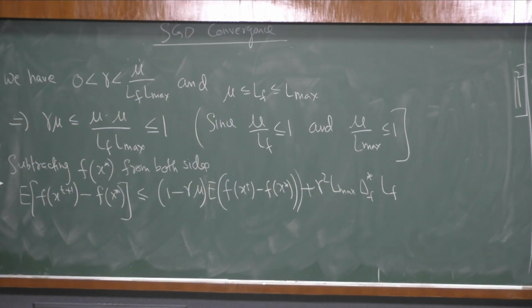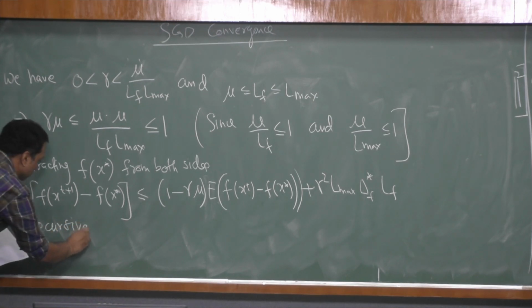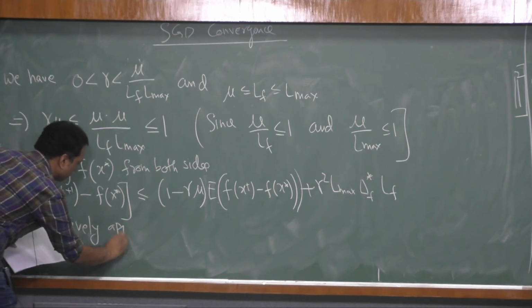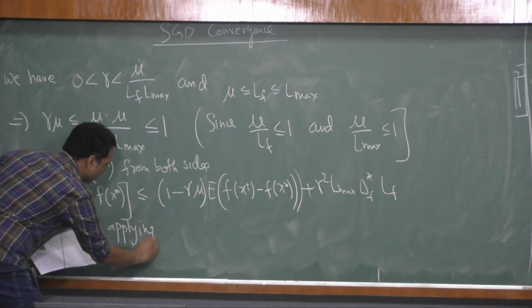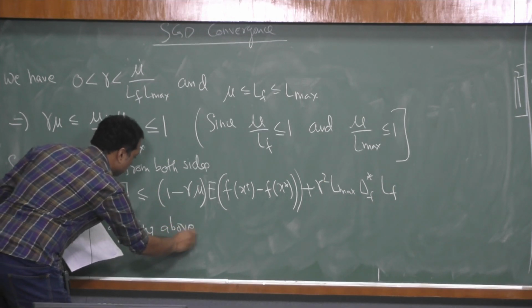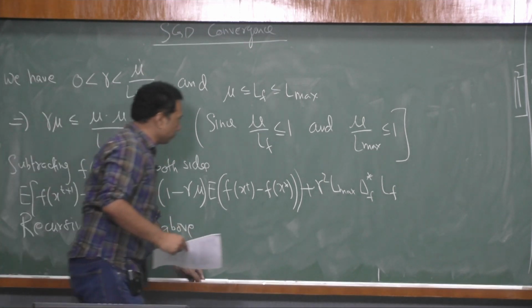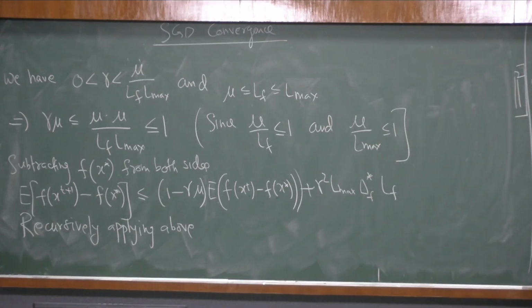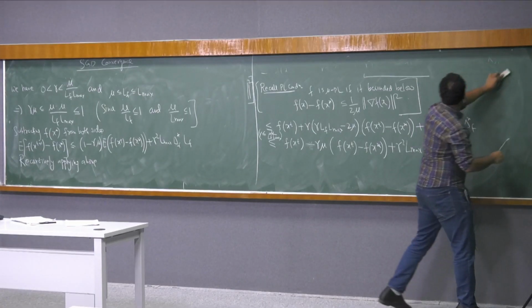So applying this recursively, if we apply recursively, then we should get until fx naught, which was in the theorem.